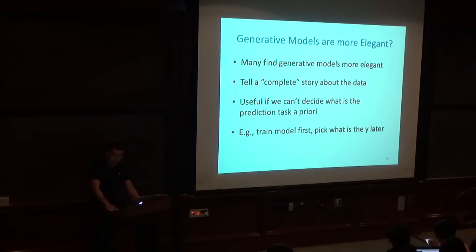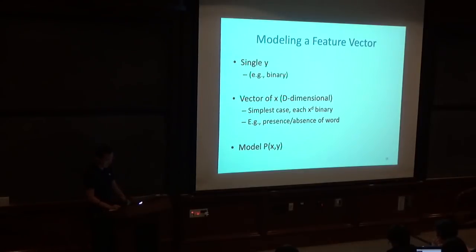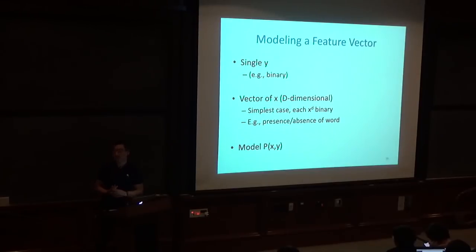Okay, now, I'm going to spend most of the remaining part of this lecture on a specific generative model called naive Bayes. So we're going to consider the case where we ultimately want to do classification as one of the tasks that we care about. So there's a specific y that is somehow special compared to the other attributes that we have in our data set.